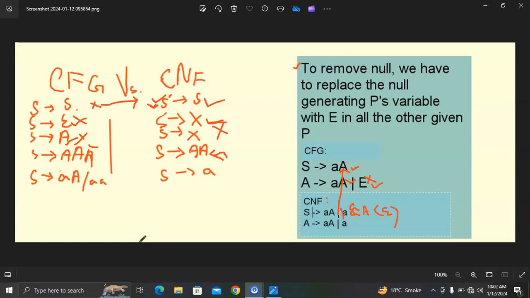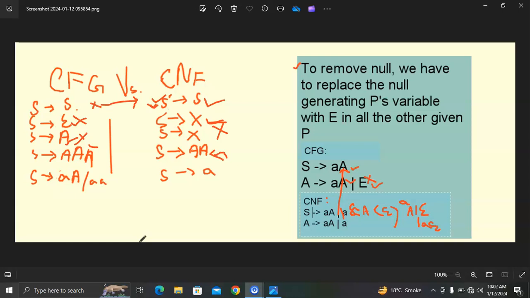Alright, if there is nothing and we have to replace it, and suppose there is only a single A which is producing epsilon in the grammar, then we will write epsilon. But here we have a small a, so we didn't write the epsilon, we just wrote small a and replaced the capital A with epsilon by default. It means we didn't have to write it only because we have another variable to write. If we didn't, then we would surely have to write it.